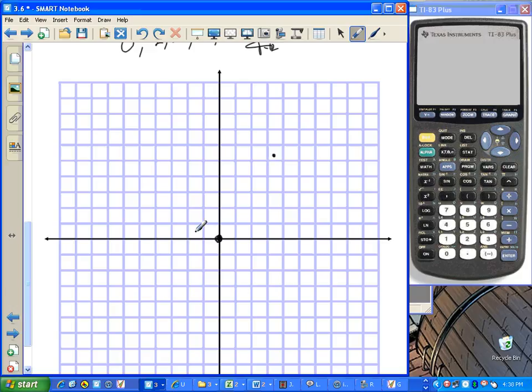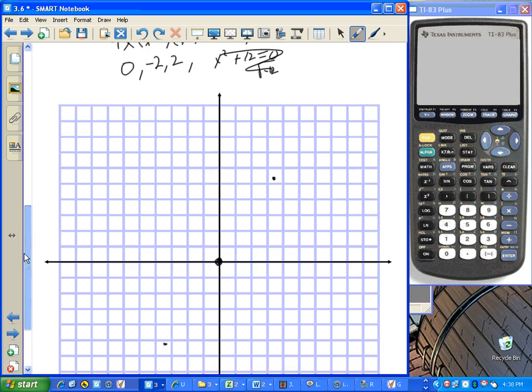Okay, and then same thing on the negative side, negative 3.46, 5.2.